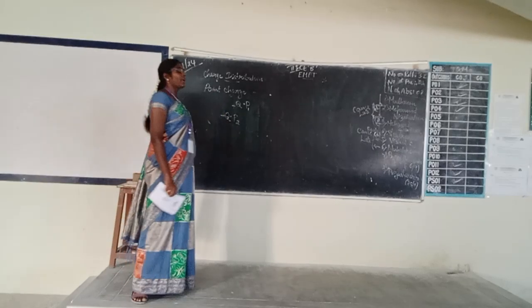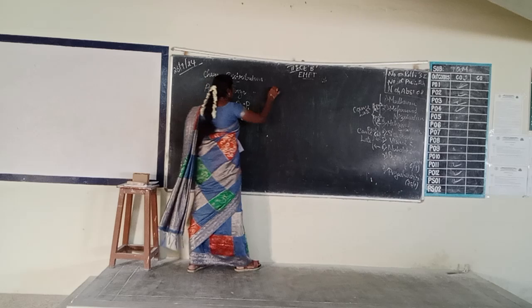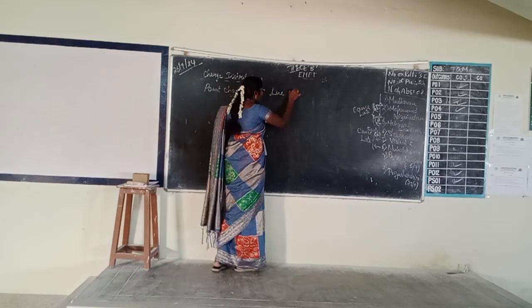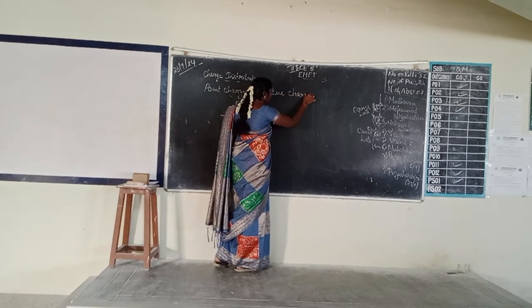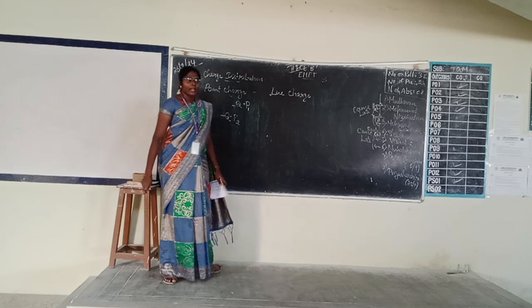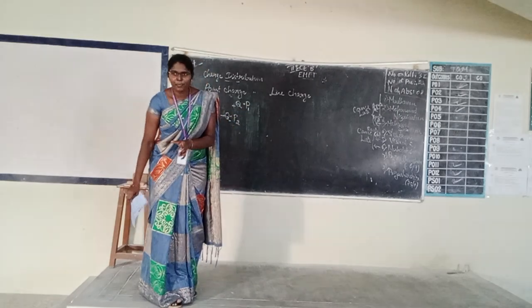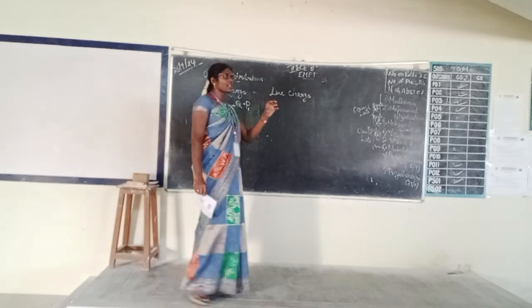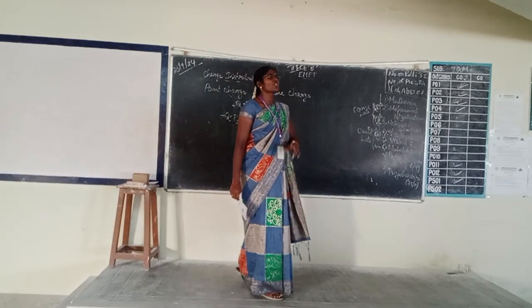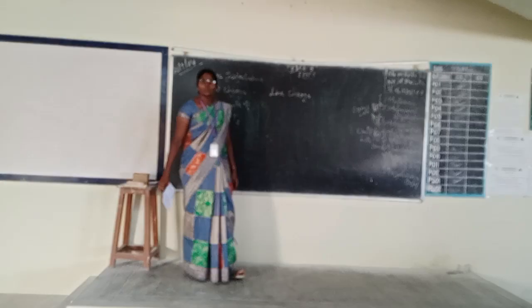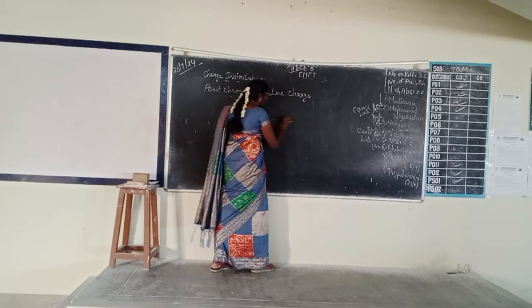Next heading is line charge. So what is line charge? In a dimension, the charge is evenly spread. We can say the charge is evenly distributed in a line.